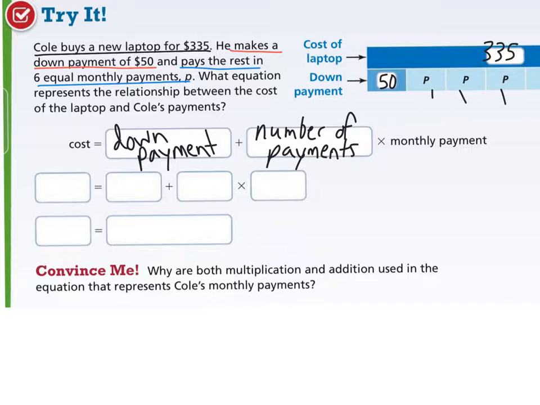So in other words, how many payments did we make times how much did we pay each time that we made a payment. Okay, so this just gives us a framework that we can start with. Might help us to come up with our equation in the next step.